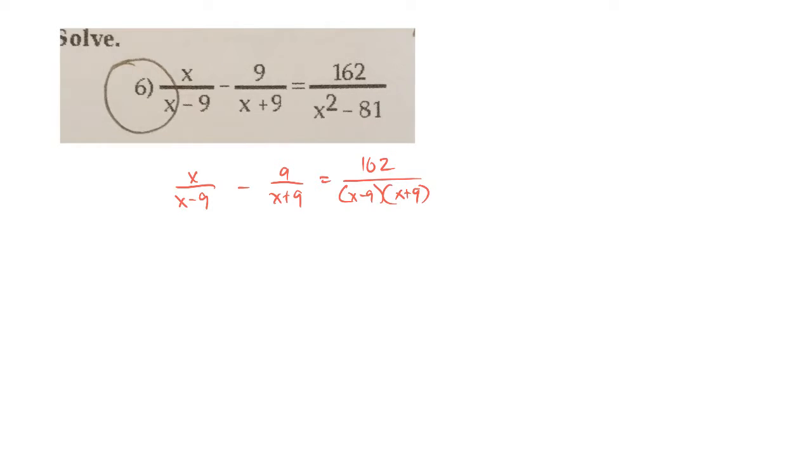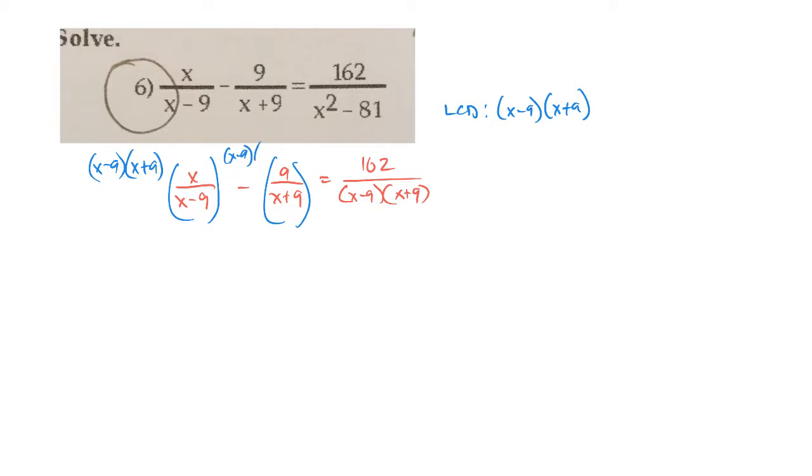Then I can use the clear fractions rule, commonly known as the I hate fraction rule. So you find the lowest common denominator, which will be x minus 9, x plus 9, and you multiply every term by it. So you're actually not changing the denominator. You're just finding what would be a lowest common denominator, and then you're multiplying everything by it.